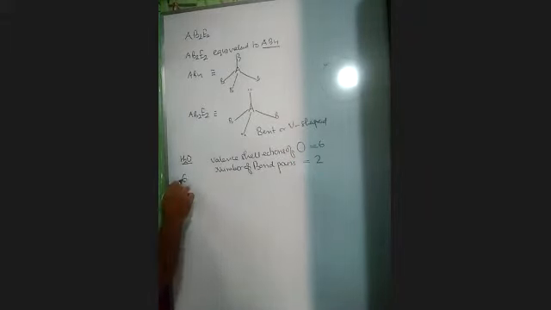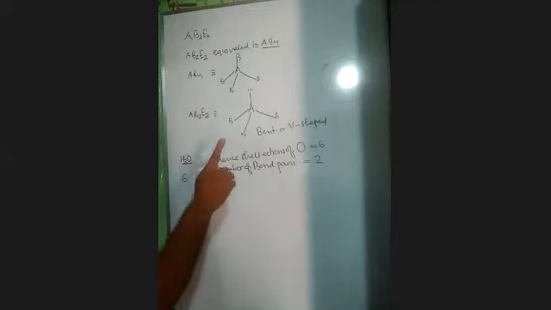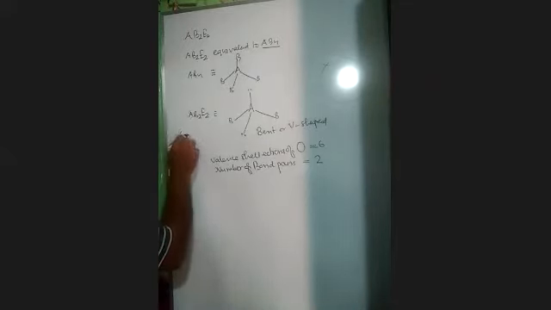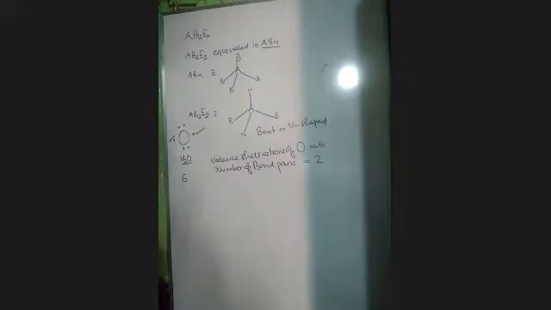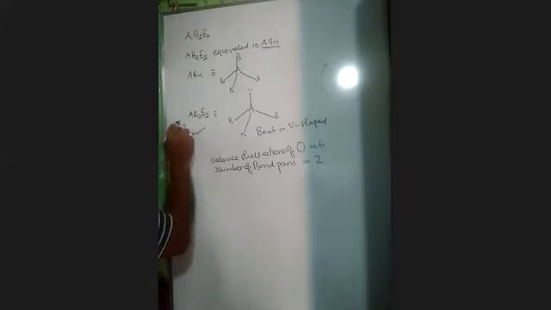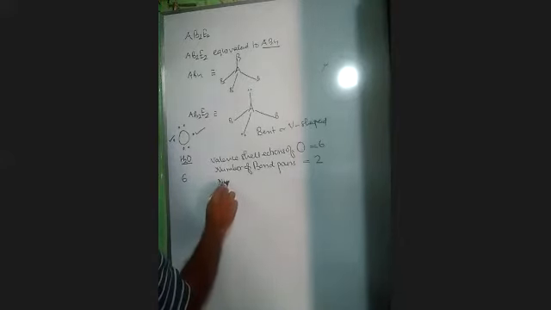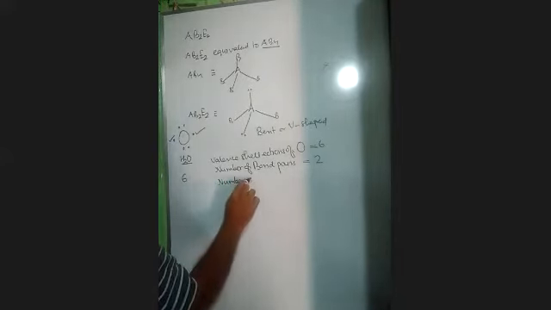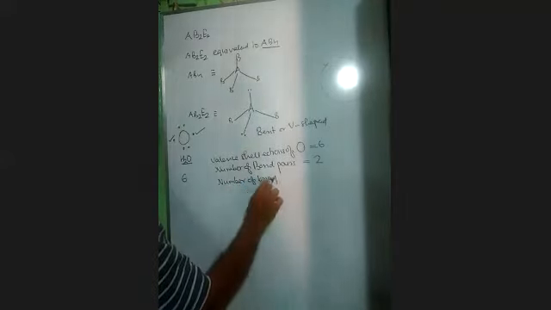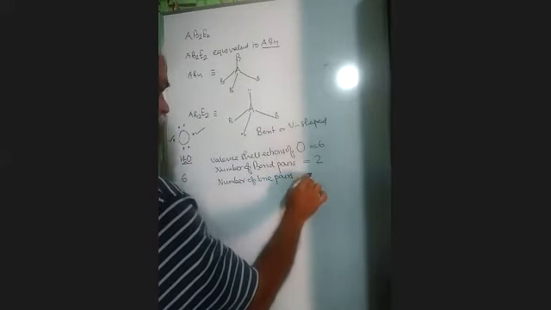So 6 is the number of electrons. How many electrons took part in bonding? 2 only. Okay. So this is oxygen. You see, this has taken part in bonding. This has taken part in bonding. These 4 of them did not take part in bonding. So in 4, how many pairs will be there? 2. We write now here number of lone pairs is equal to 2.